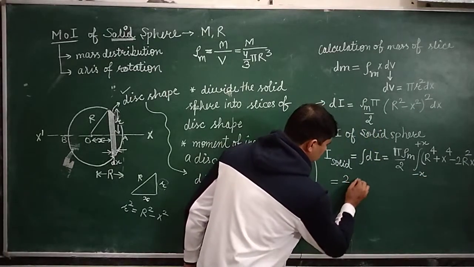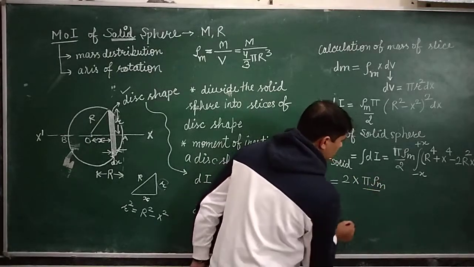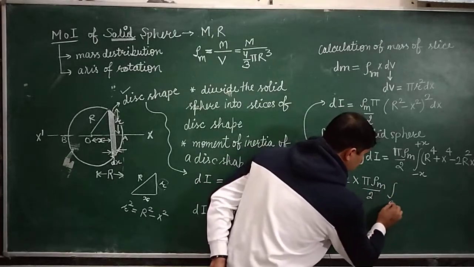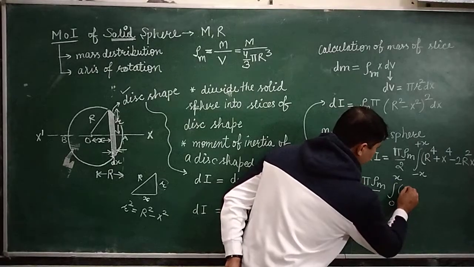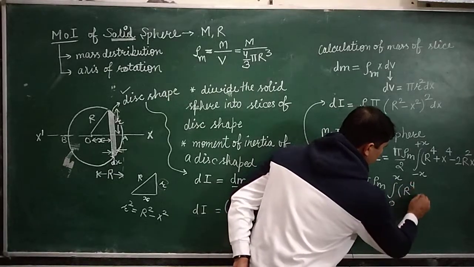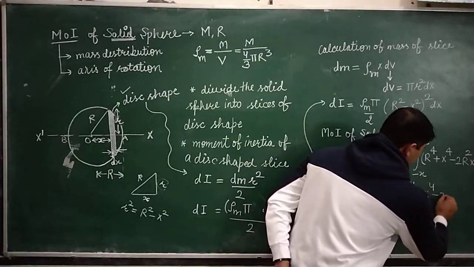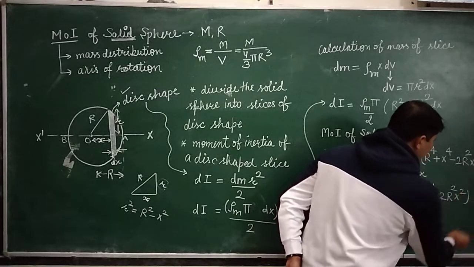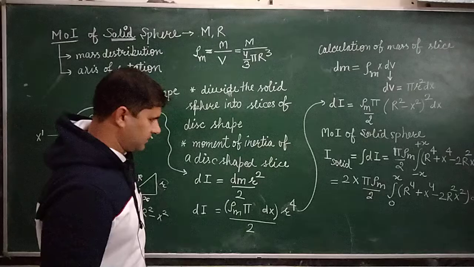This will be twice of pi rho divided by 2, and the limits of integration will change from 0 to x, and here you have r raised to power 4 plus x raised to power 4 minus 2 r square into x square, and then you have dx. Now you are to integrate it.